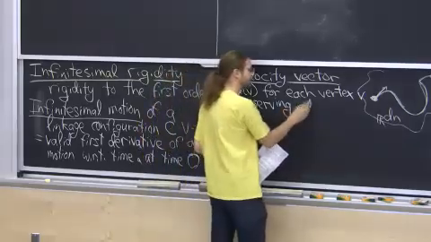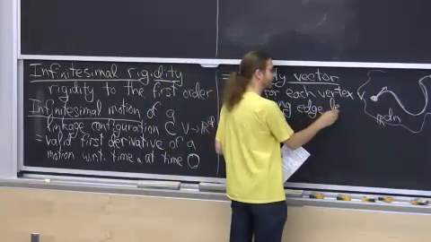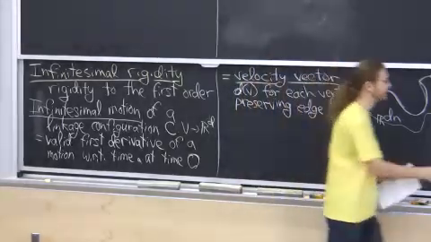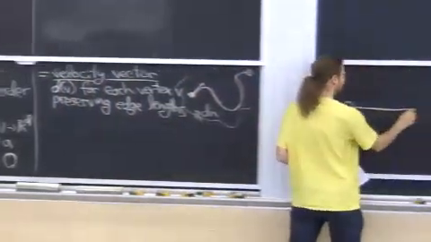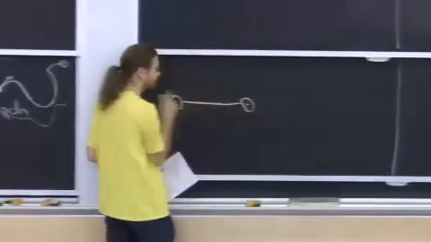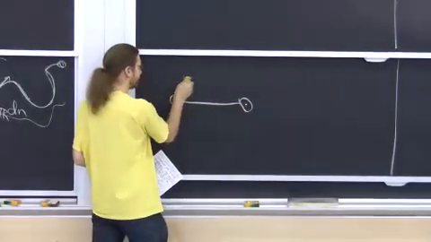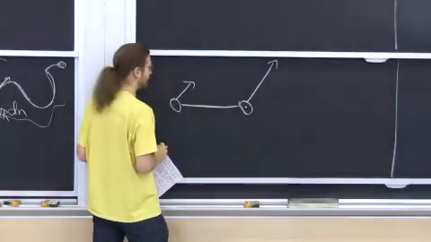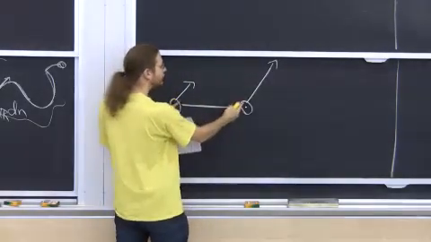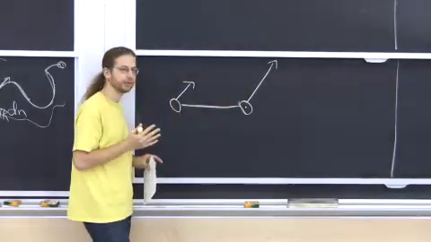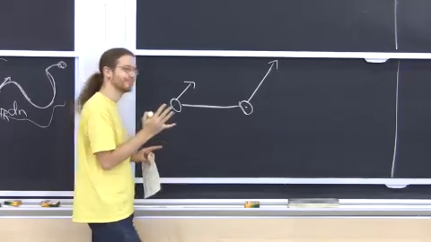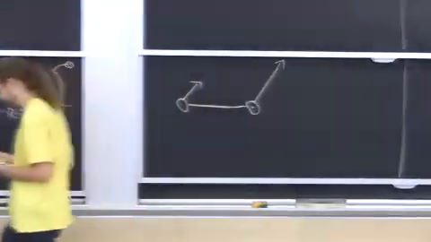So here we'd like to preserve edge lengths, but that's actually kind of hard to do. If you take an edge, so I have two vertices, and I assign some velocity vectors, something like this, as soon as you move a little bit in that direction, the edge length won't be quite the same. But it'll be the same to the first order. So this is going to be a little subtle.